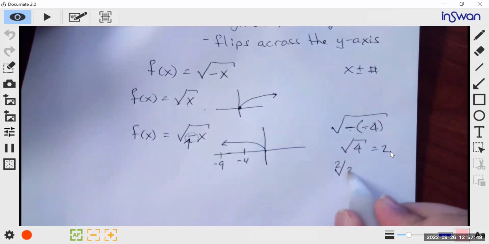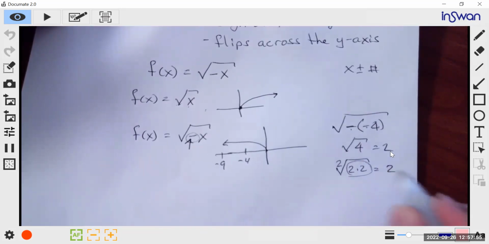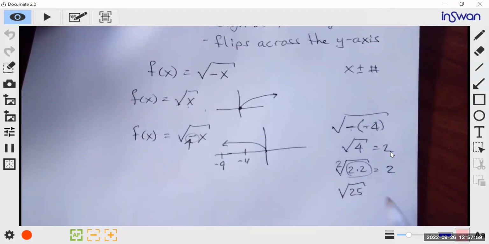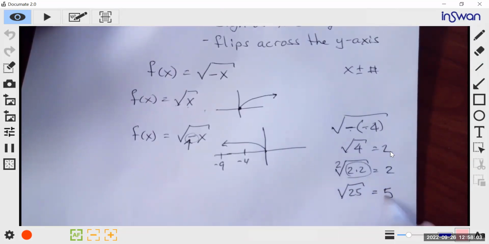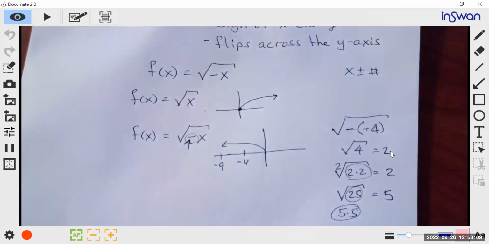What a 4 is, it's 2 times 2. As soon as you have 2 of a kind inside there, you can bring it out. That's the reason the square root of 25 is what? 5, because 25 is made up of 5 times 5. Once you have a pair of numbers, you can take them out.